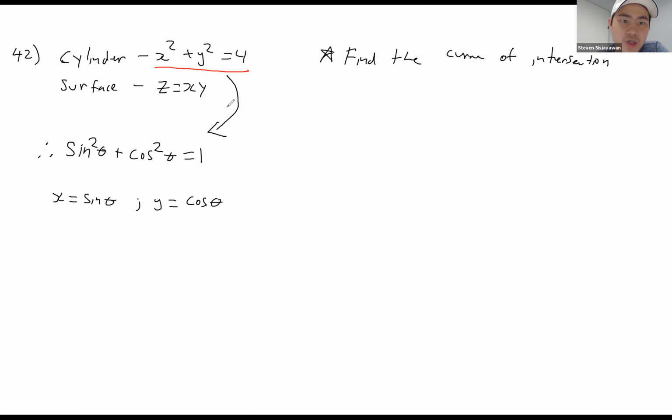But the only difference between these two is that this function has to equal 1, while the cylinder given is x squared plus y squared equal to 4. So essentially what you're trying to do is multiply both sides of the equation by 4, and there you go.